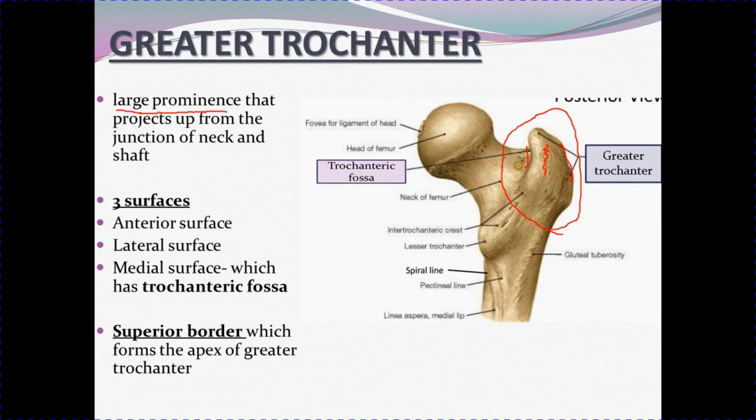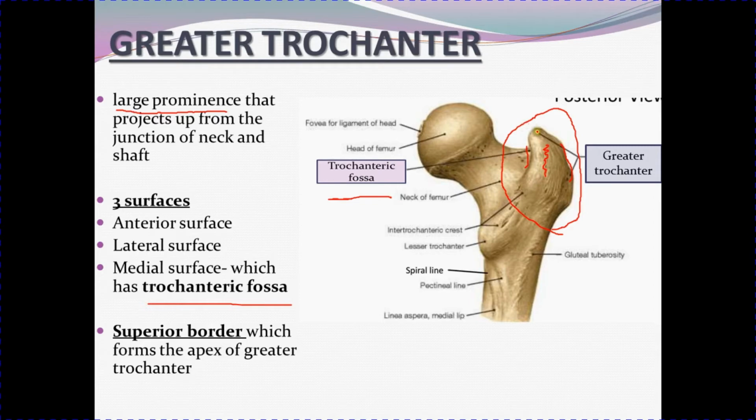The medial surface has a depression, a fossa, which is called the trochanteric fossa.